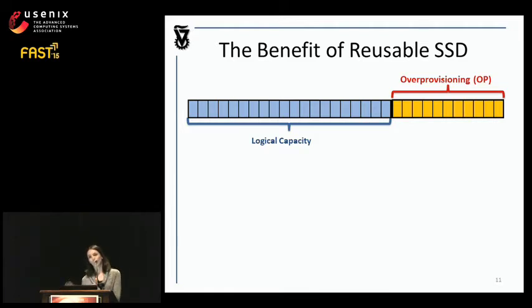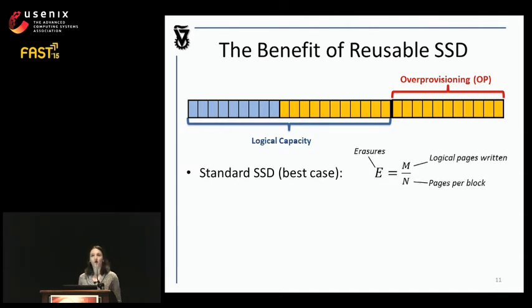Instead, we allow more blocks to be in this state. So since the data in second writes occupies twice as much space, as long as the number of blocks that are in this state does not exceed the number of over-provisioned blocks, then the capacity exported to the user is exactly the same.